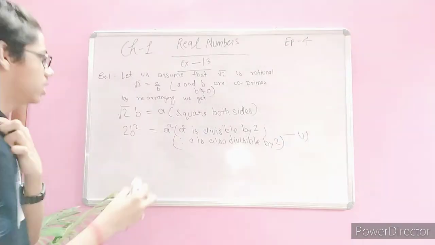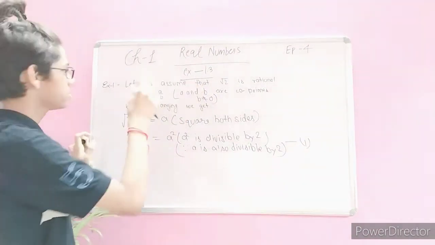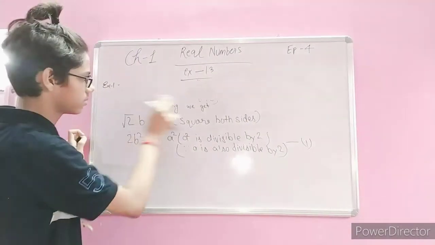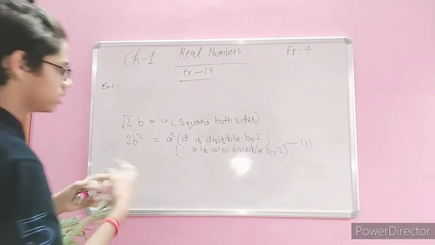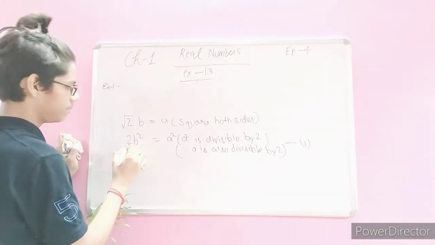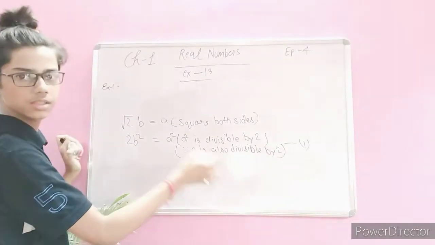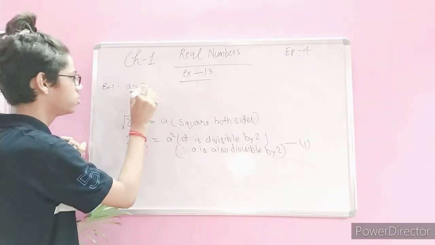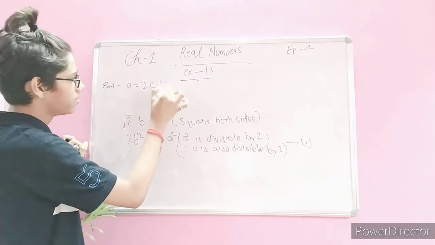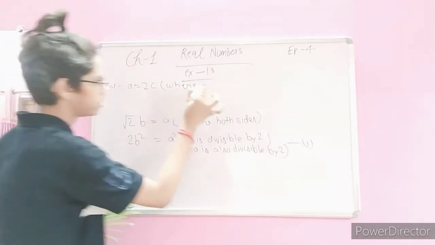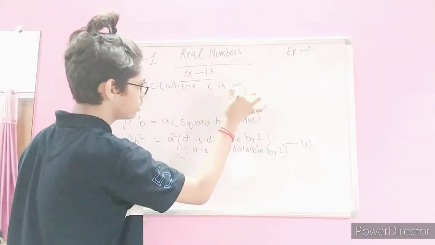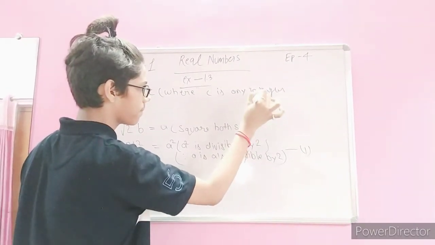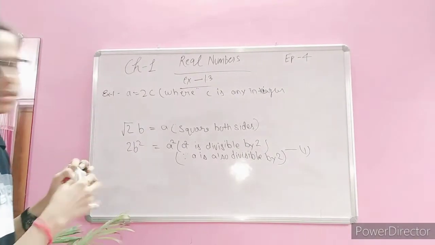Okay, now I'm going to erase the upper ones. So after this, here 2 is dividing a as we have written. So a is equal to 2c, where c is any integer.